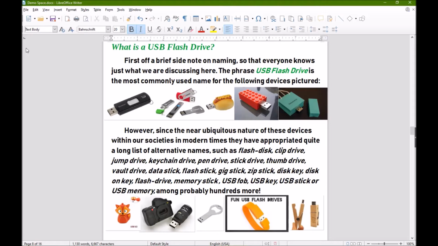However, since the near ubiquitous nature of these devices within our societies in modern times, they have appropriated quite a long list of alternative names, such as flash disk, clip drive, jump drive, keychain drive, pen drive, stick drive, thumb drive, vault drive, data stick, flash stick, gig stick, zip stick, disk key, disk on a key, flash drive, memory stick, USB fob, USB key, USB stick, or USB memory, among probably hundreds more.